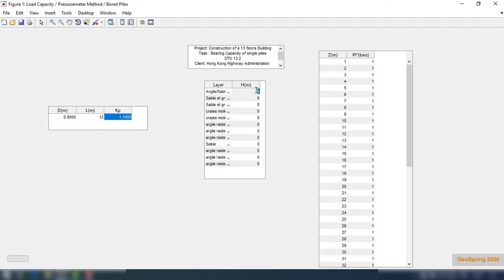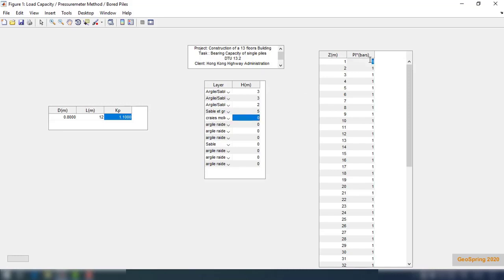Here you put the type of your layer, for example clay, and for example sand. You put here 3 for example, and here 3, and here 2, and here 5.